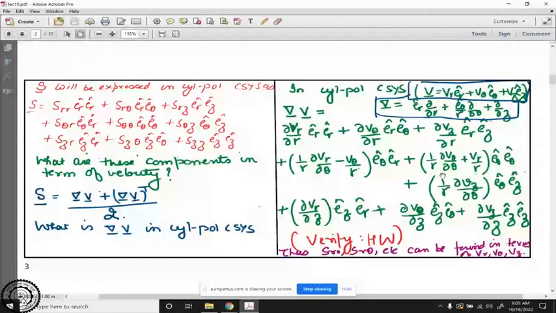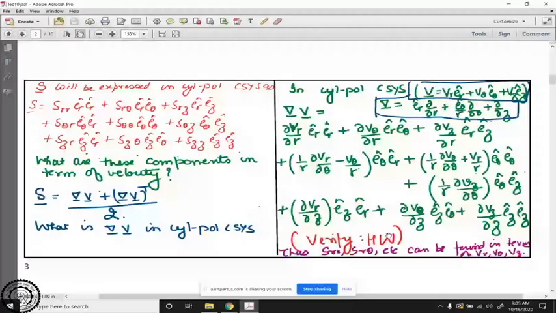It is 1 by R del V theta by del theta plus VR by R. So in this manner, now we can identify each and every component of the strain rate tensor in terms of the velocity vector and its derivatives. So I am leaving this as homework. Please verify that you do get this after you simplify del V, the velocity gradient tensor. All right.